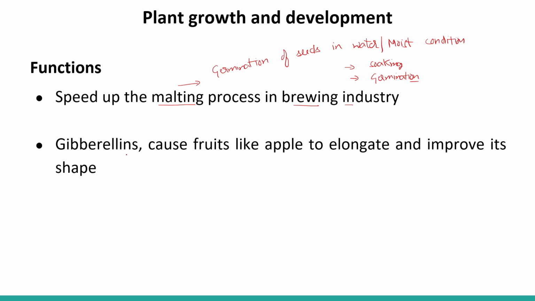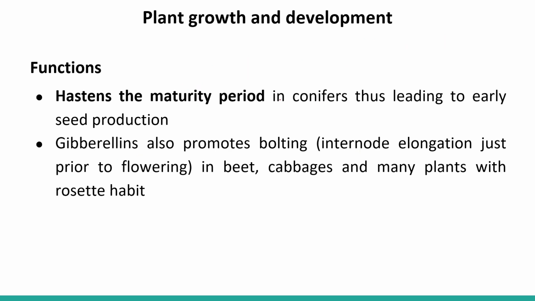Now, the next function of gibberellin is that it causes fruit like apple to elongate and improves its shape. Next, it hastens the maturity period in conifers, thus leading to early seed production.